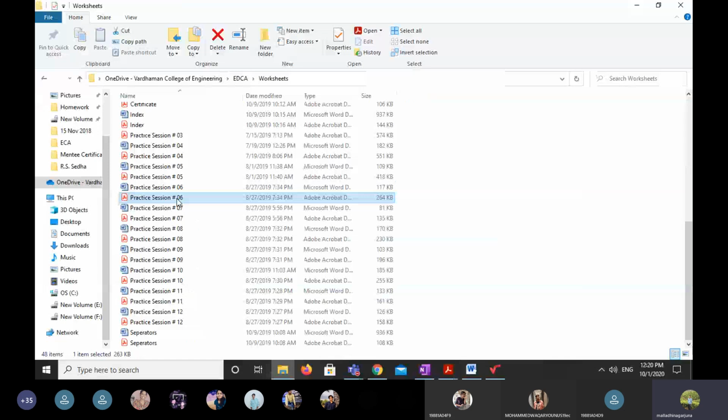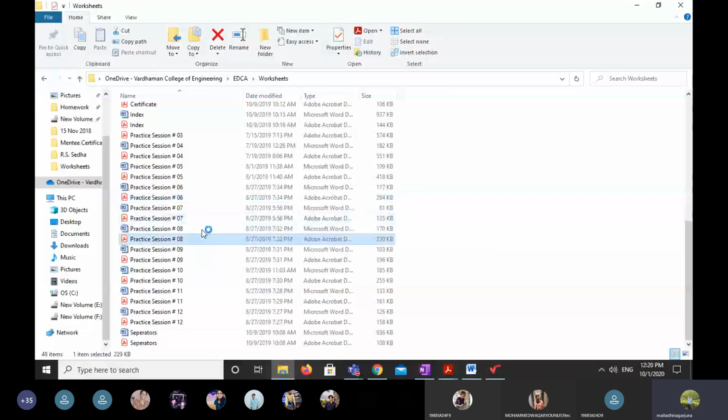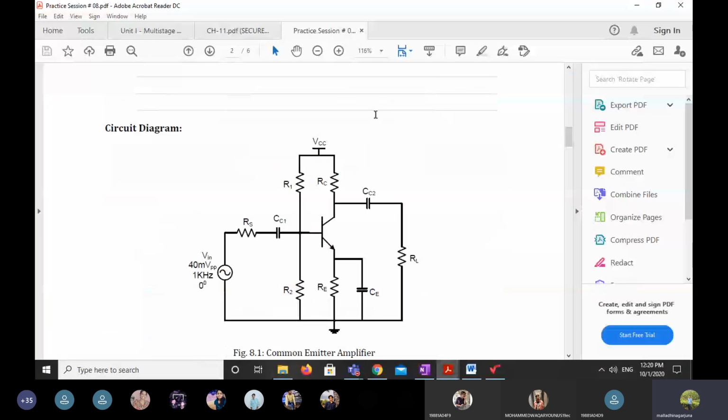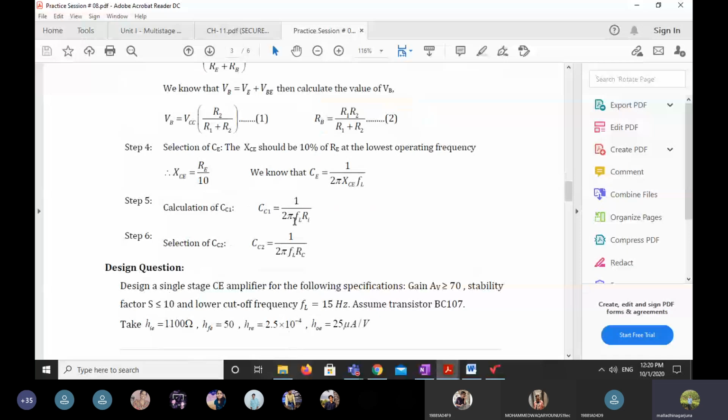In the single stage amplifier, we designed this long back, and we designed the CE amplifier.